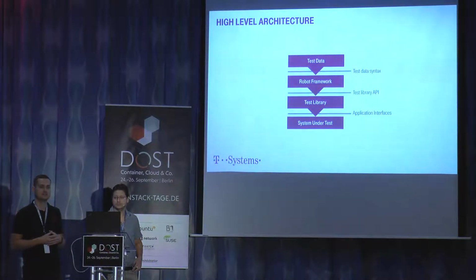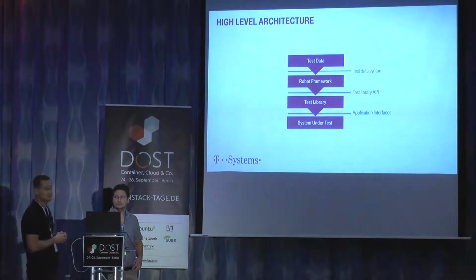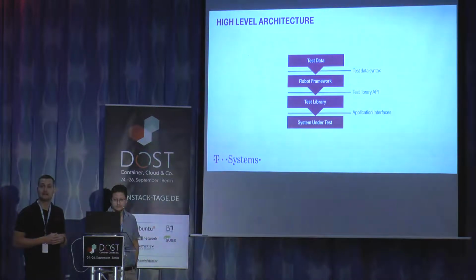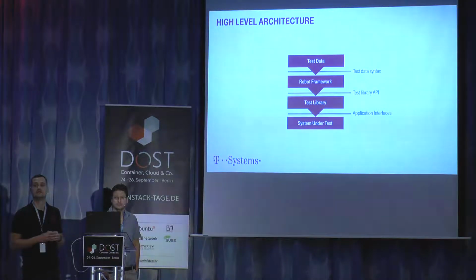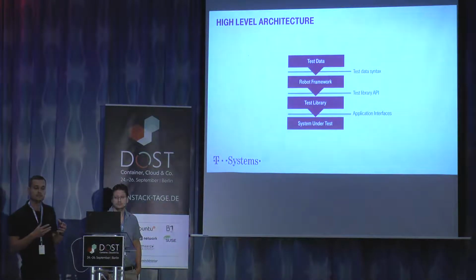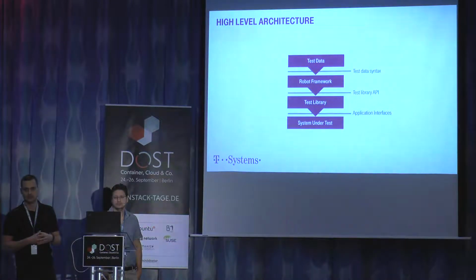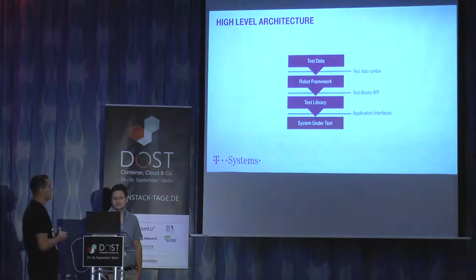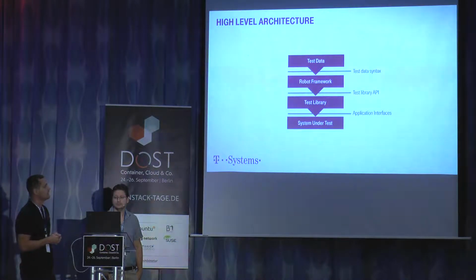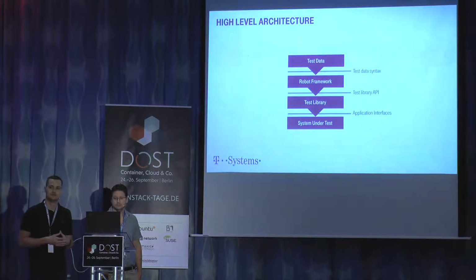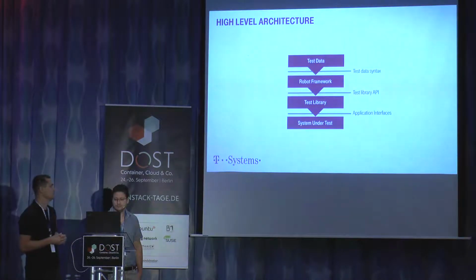This parses the test data and then matches the individual keywords to the test libraries. The test libraries contain the keywords and also the instructions on exactly in which way the test should be performed. And then the test library, of course, through the application interface, performs the test, which depends on the test.